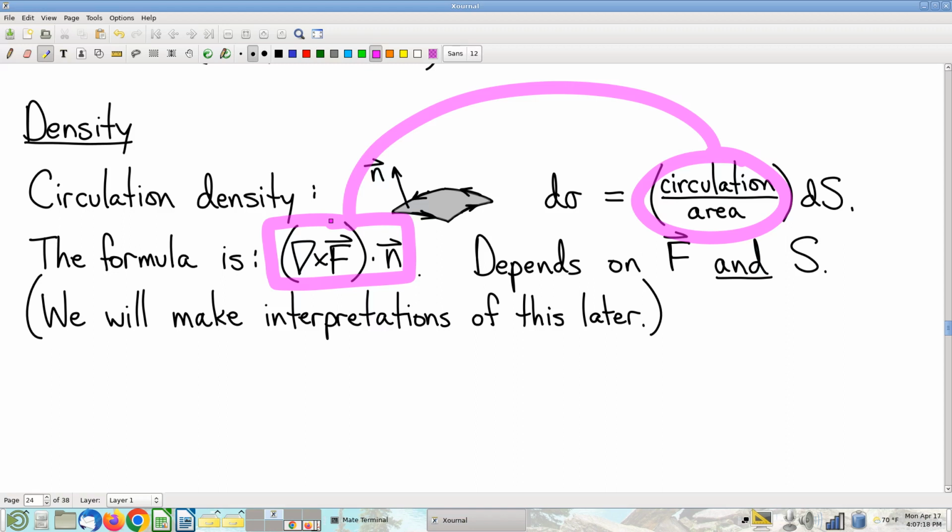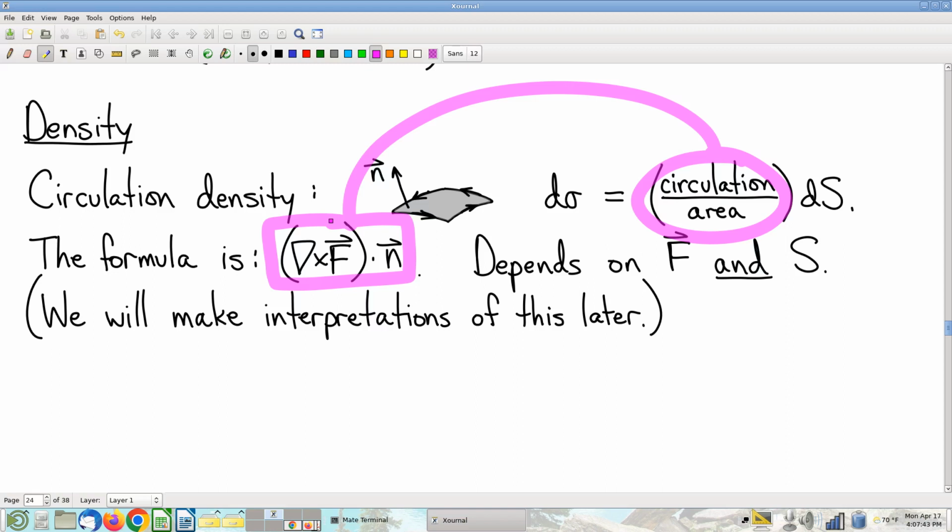Why? Well, because it takes a little time, and while it's an important computation, it's not what I'm going to call intuitively illuminating. I think the intuition that's important comes from what I've got up here. What you should think of this as doing, the role this thing plays, is that it's telling you circulation per unit area.